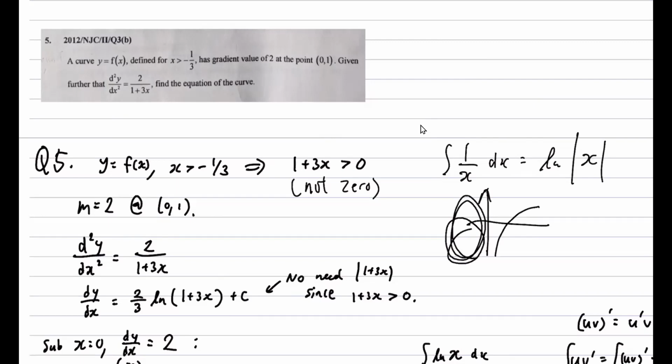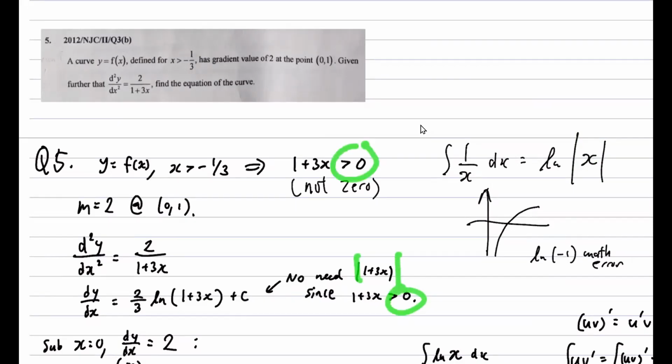It's undefined. You just try quickly on a calculator, ln of -1, you get math error. Cannot have negative inside. This one is under the topic of functions, domain and range. I don't want to go through that for now. I just need to know for ln, you must have modulus to make it positive. So here you don't need the modulus anymore because it's already positive.